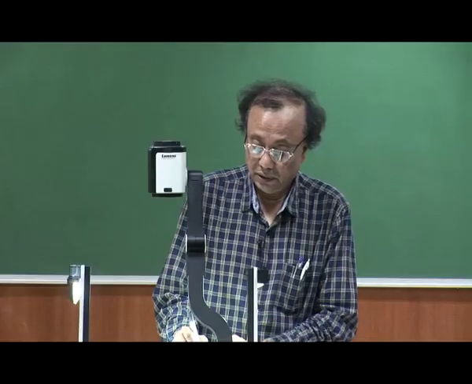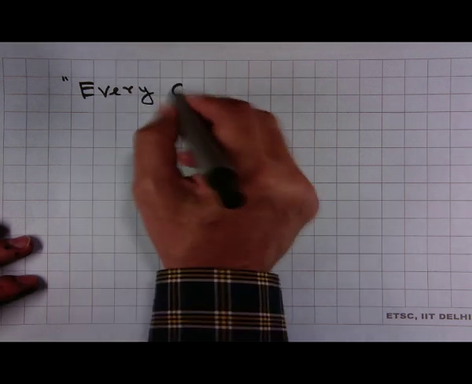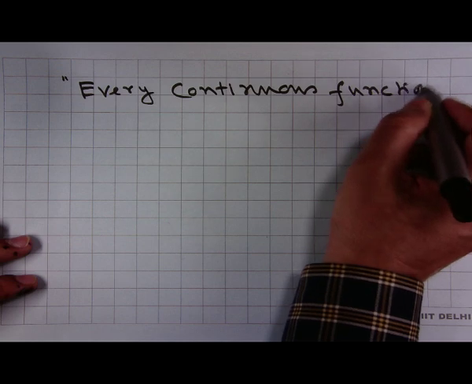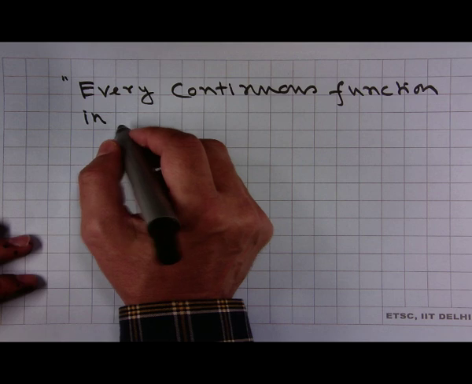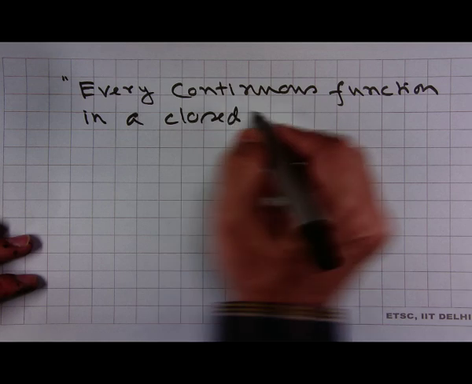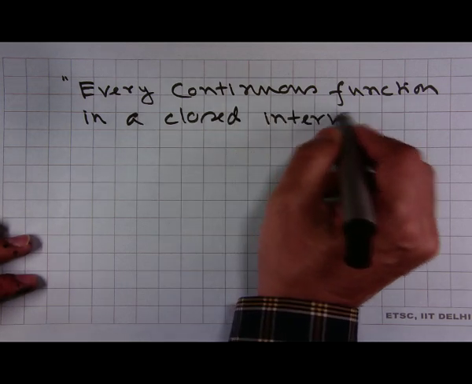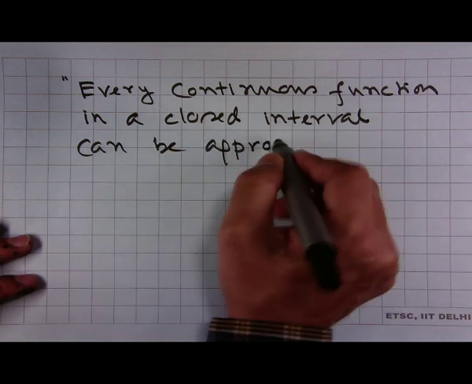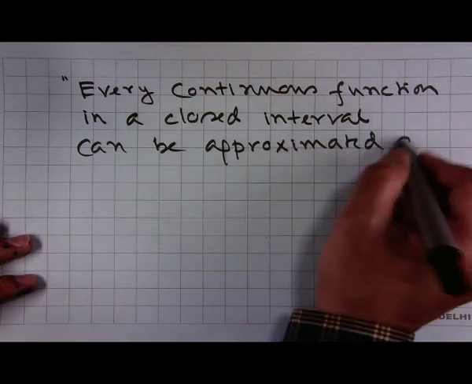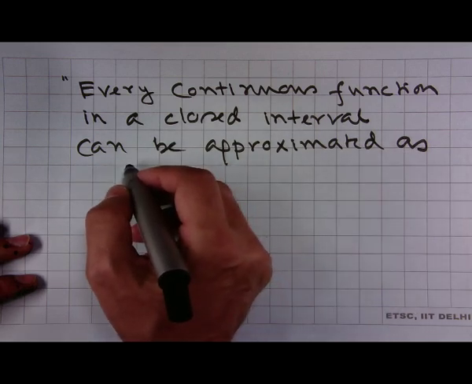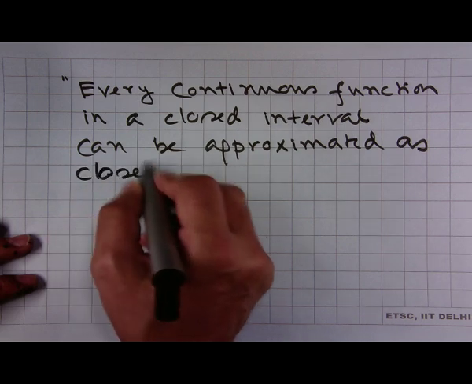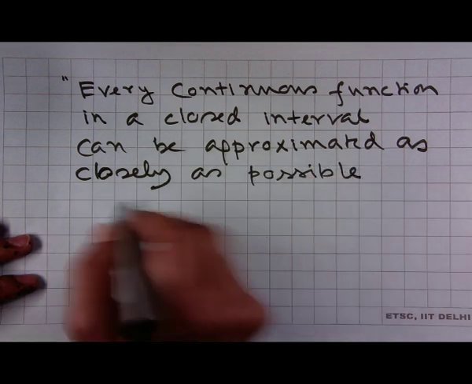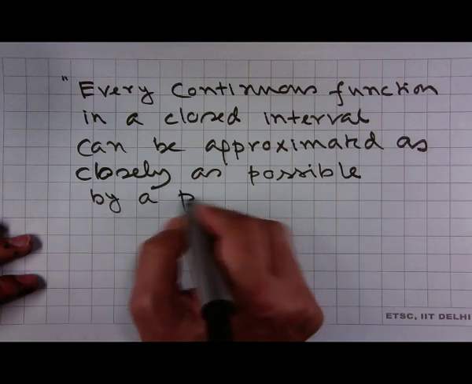Which suggests that every continuous function in a closed interval can be approximated as closely as possible by a polynomial function.